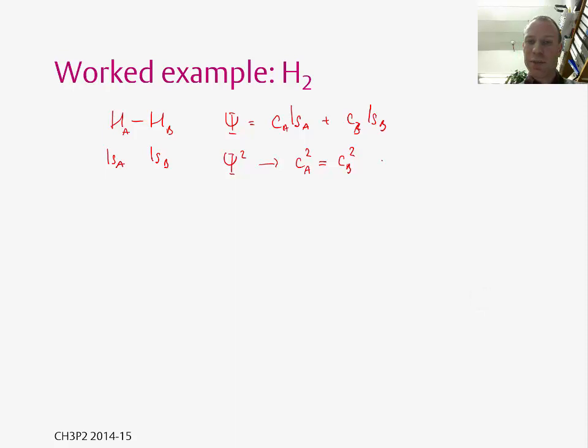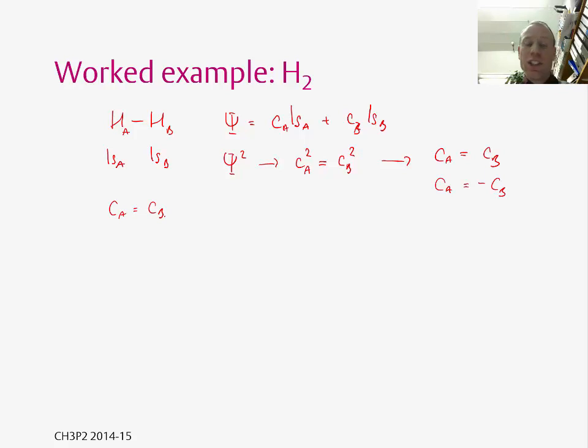This actually gives us two possibilities: Ca equals Cb, or Ca equals minus Cb. We're now going to look at the case where Ca equals Cb.